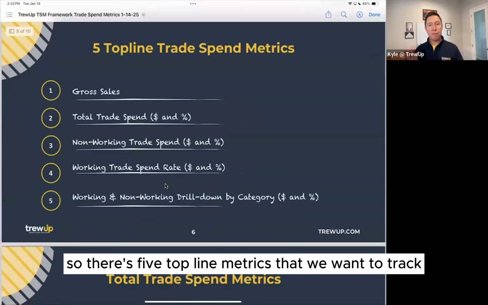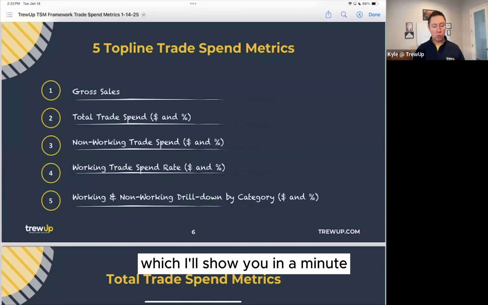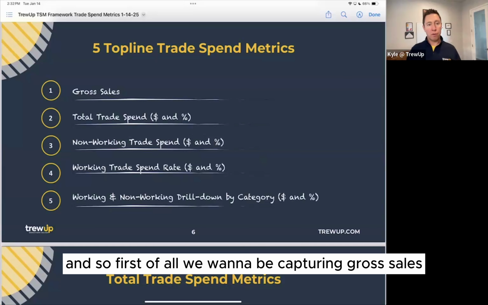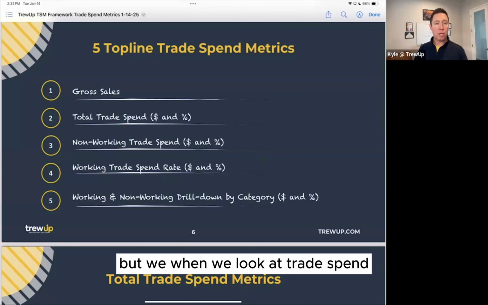So there's 5 top line metrics that we want to track within our business and bring together in a report, which I'll show you in a minute. And so, first of all, we want to be capturing gross sales, which I know many, and if not all of you are. But when we look at trade spend, we want to be looking at your gross sales.